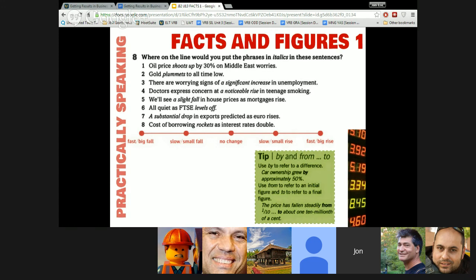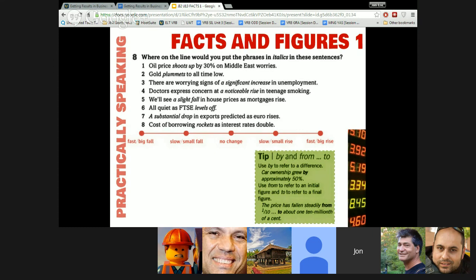But FT, oh, here it is. It's an index. But I'm trying to see what it stands for. Let's see. FTSE 100 Index. They don't say what it stands for.